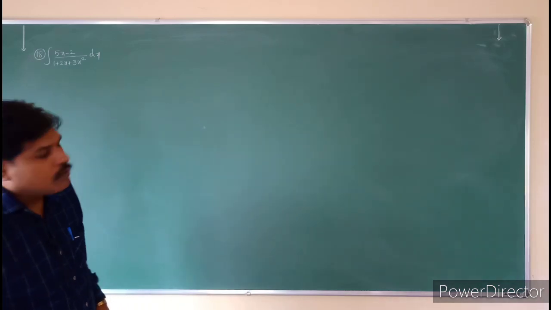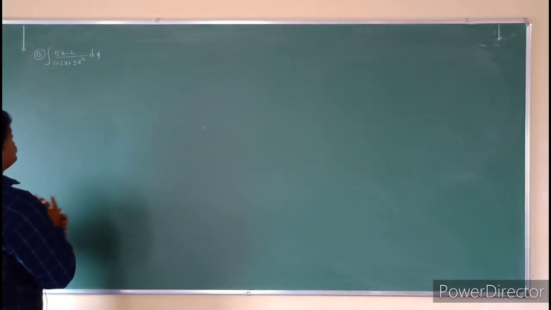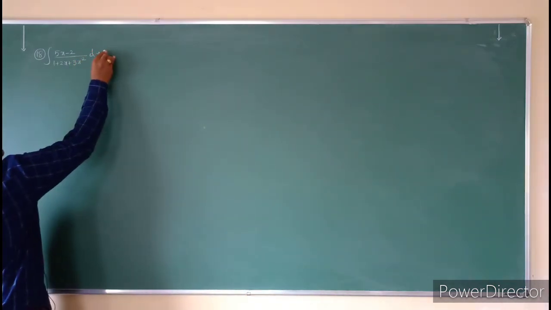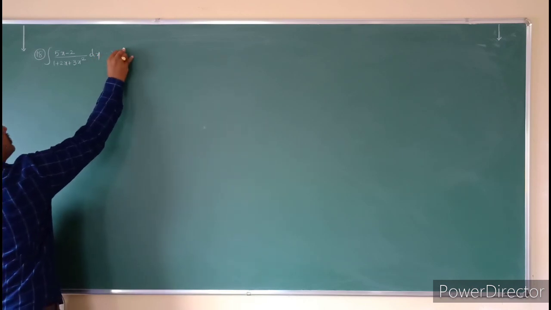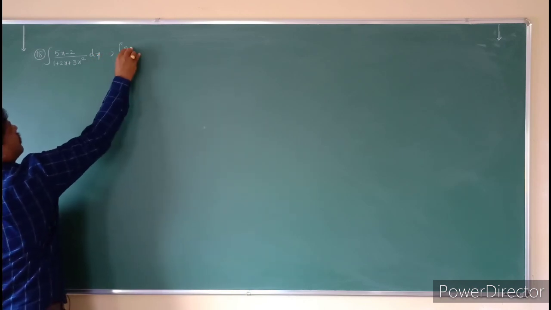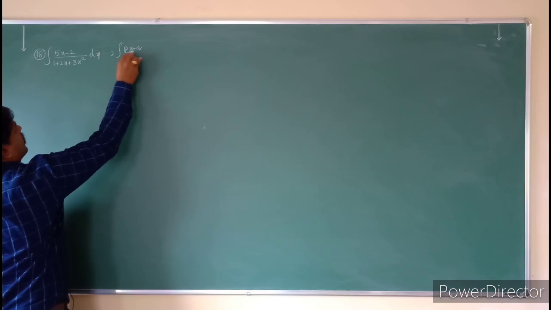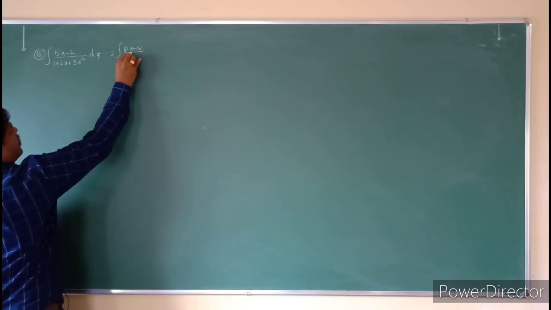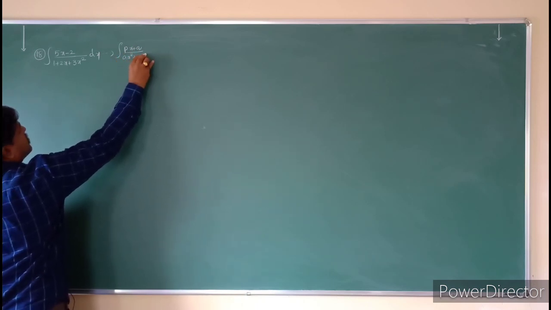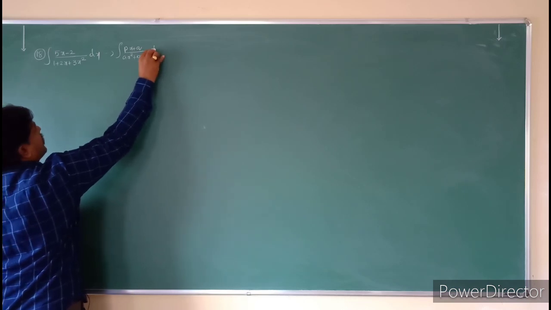So see that question, students, how to solve this. First we have to understand what form this is. This is in the form of integral of px plus q by ax square plus bx plus c into dx.